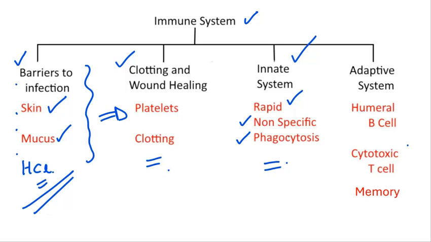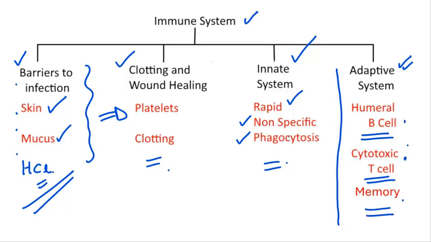And then the adaptive immune system is confined to those organisms which are the vertebrates. We find that there is a humoral response of B cells producing antibodies and a cytotoxic response of T cells producing cytotoxic T cells to fight tissues infected with viruses. Both of those systems provide us with immunological memory, and these three items are also dealt with in later videos.